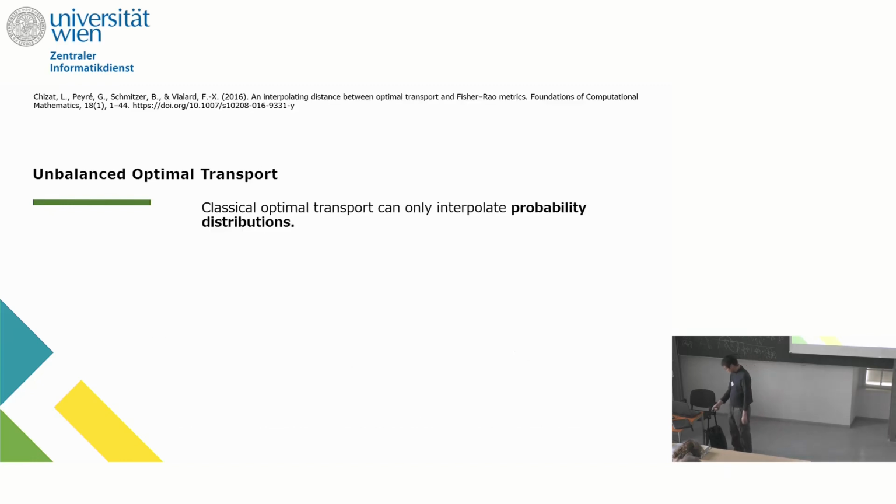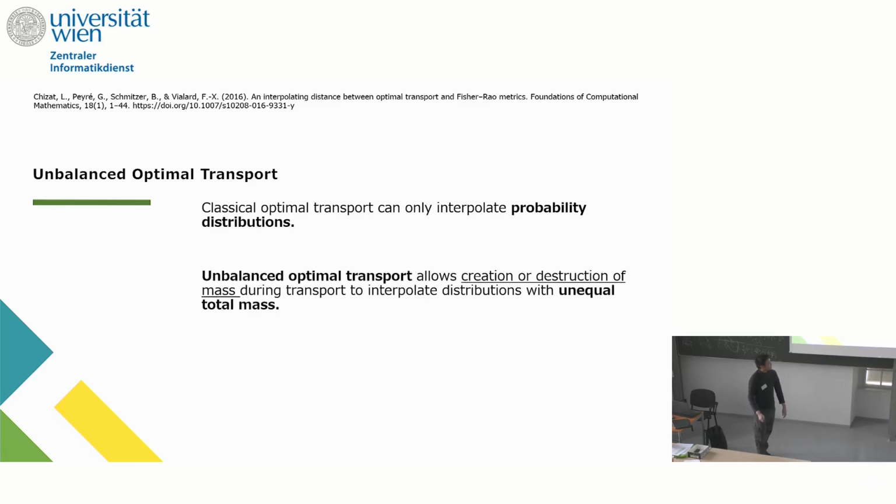All right, so another thing that we will use is what's called the unbalanced optimal transport. In classical optimal transport, as we have been discussing, they can only interpolate probability distributions. Now, there are cases where we want to deal with distributions of unequal total masses, especially in biological applications, because for example, if you have cell populations, there's birth and death processes, and the total population is not always the same.